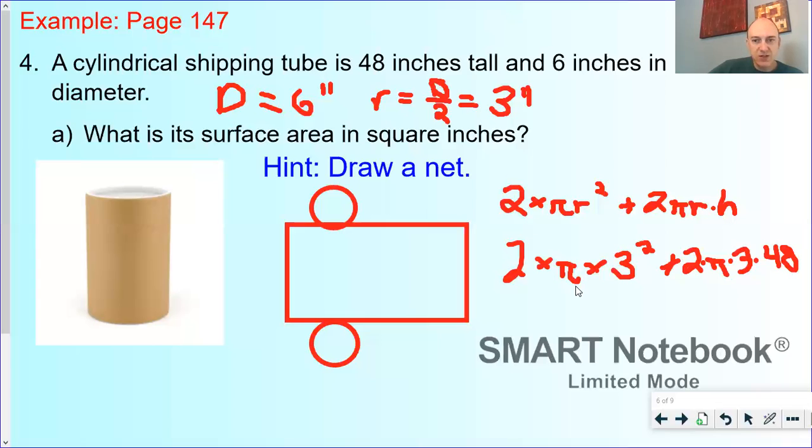We don't have any decimals in our question, so it makes sense to just put our final answer as 961 square inches. So again, that was the rounded version of 961. This is less than 5, so we round down.